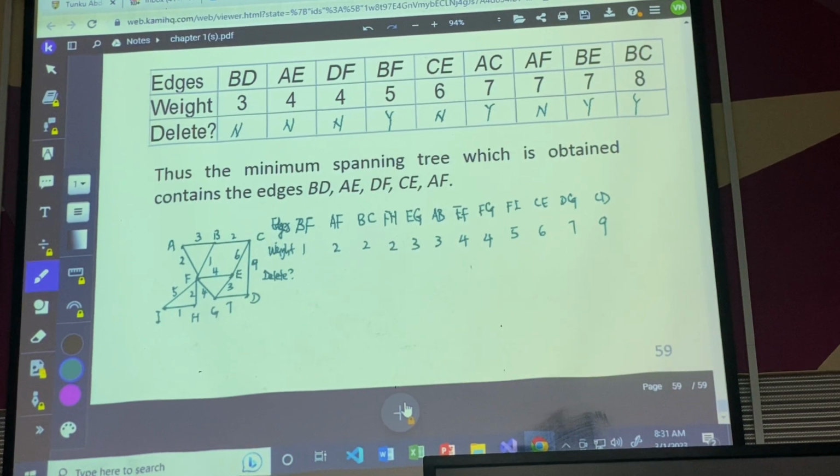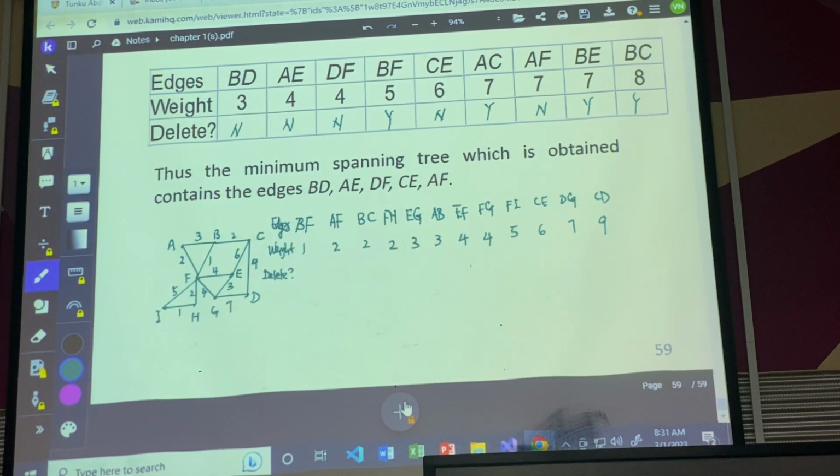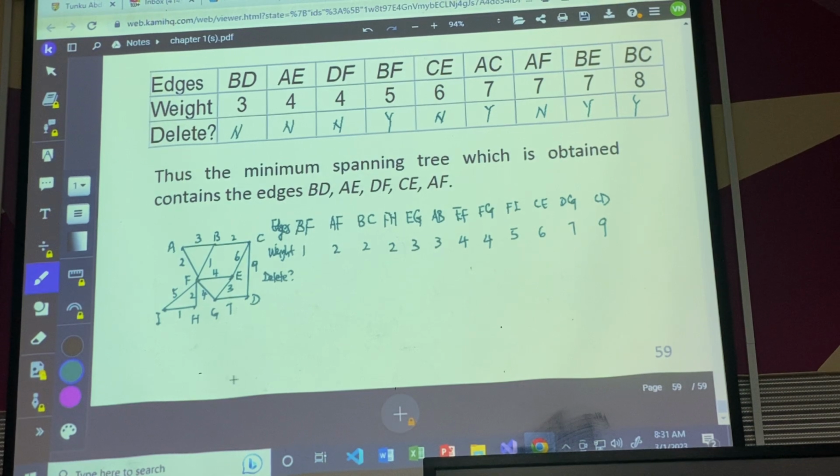Okay. Which one we will not delete? HI. Oh, 2 1, BF and HI. So here. Okay.